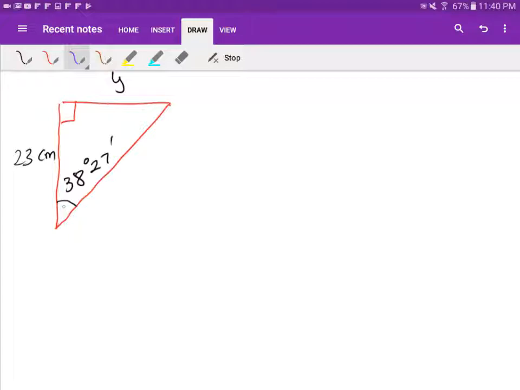Because 38 degrees 27 minutes is the angle given, we refer to this angle. We're looking for y, so y is opposite of this angle. And 23 centimeters is next to the given angle, so we call it adjacent, and we put the letter A. So the three words: SOH CAH TOA.